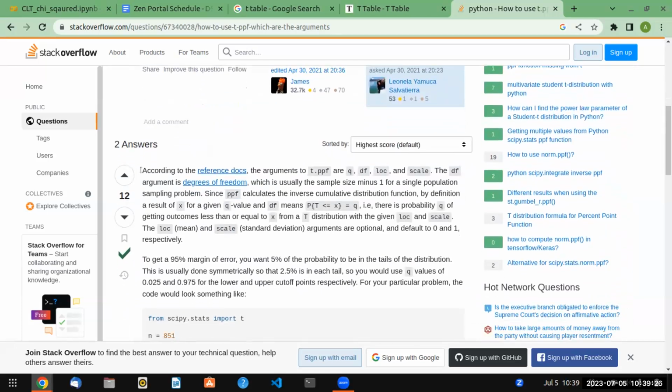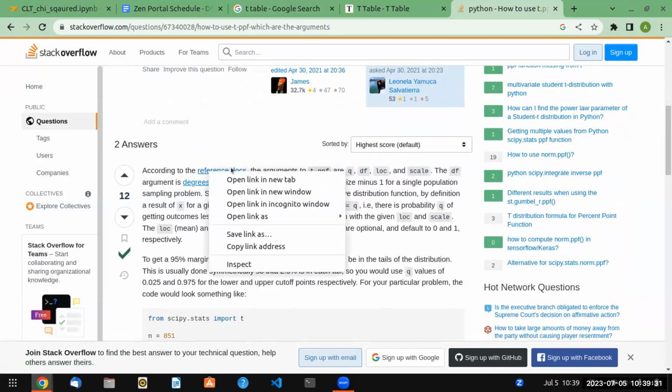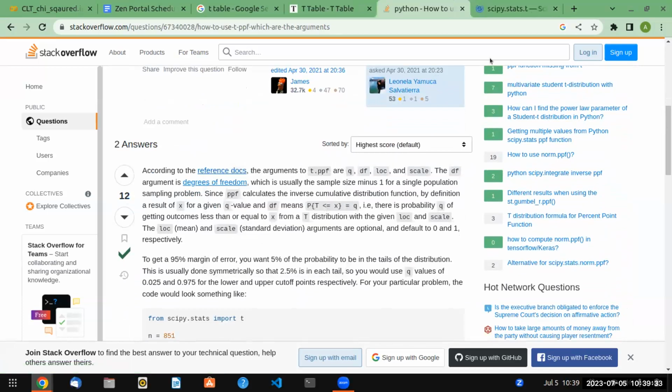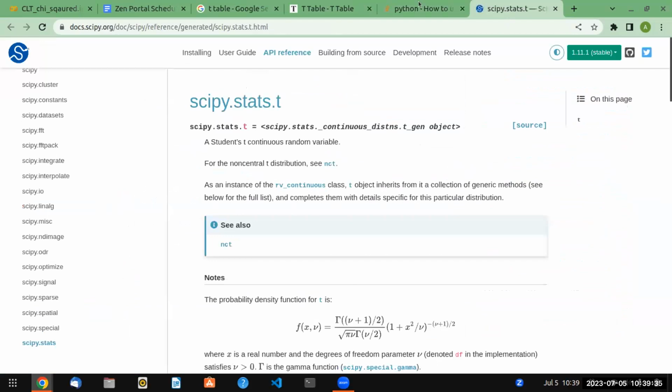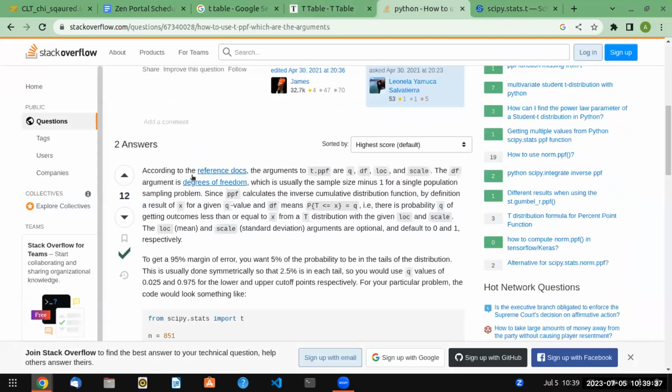See, guys, here someone has written very clearly according to the reference docs. Here also you will get the reference document. Are we referencing this one? Okay, this one, particularly. According to the reference docs, the arguments of t.ppf are Q, df, location, and scale. The df argument is the degrees of freedom, which is usually the sample size minus 1 for a single population sampling problem.